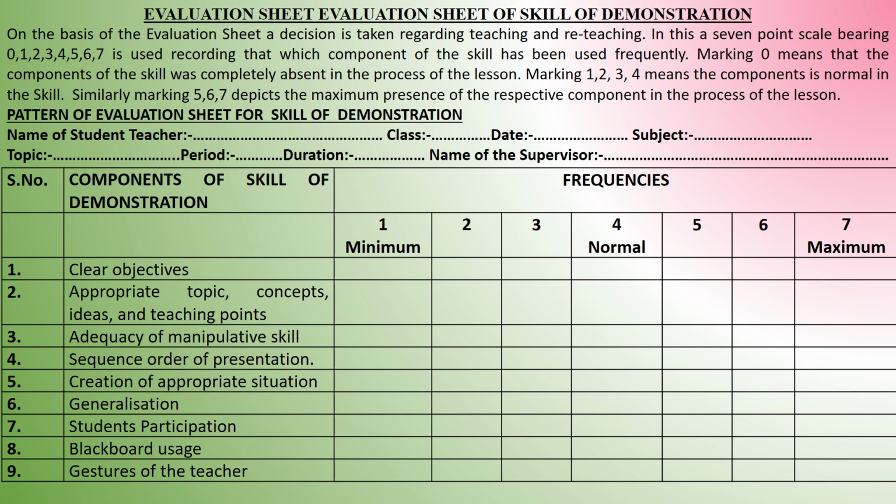The next 3 columns will consist of frequencies indicating minimum, normal and maximum. Frequencies 1 or 2 will be minimum, 3, 4, 5 will be normal, and 6 and 7 will be marked as maximum.